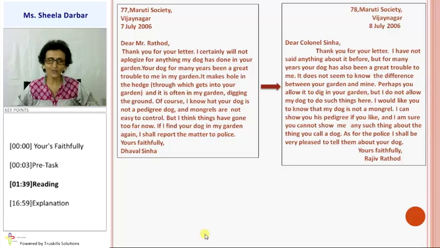So here he is also, you can see it, which is very common among the people who keep pets, because they treat the pets as family members, and therefore they cannot be called by the species they belong to. I can show you his pedigree certificate, that is, if you like. And I am sure you cannot show me any such thing about the thing you call a dog.